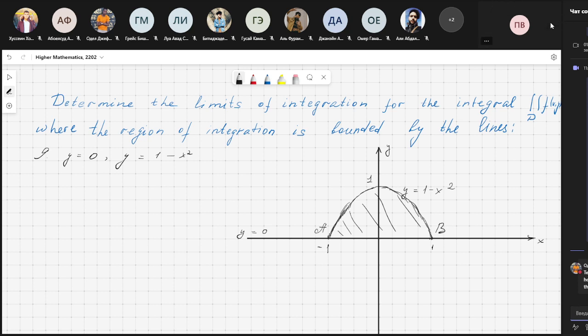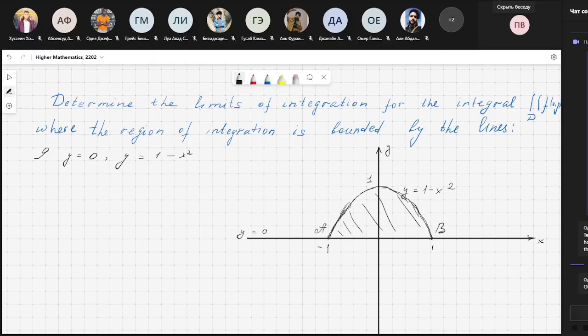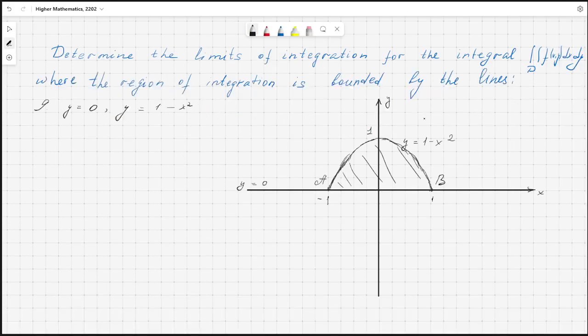It is clear. Look, x changes from -1 to 1.